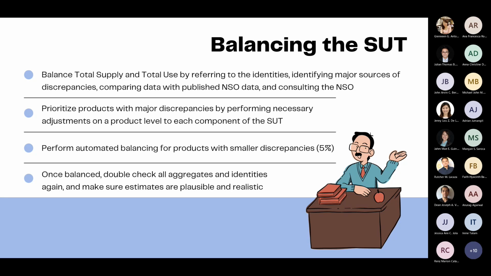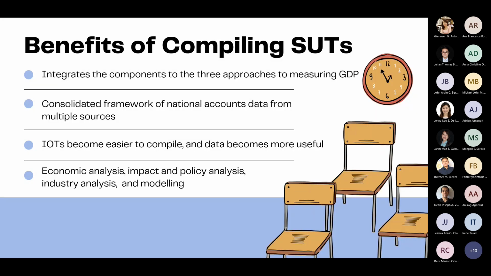All right. So finally, what are the benefits now to compiling and balancing SUTs? Well, they provide, firstly, the ideal framework for integrating the components to the three approaches of measuring GDP. We can use the SUT to provide benchmarks.